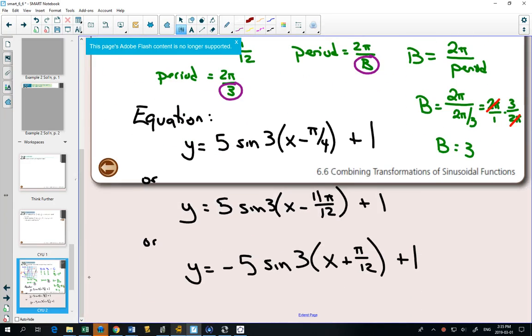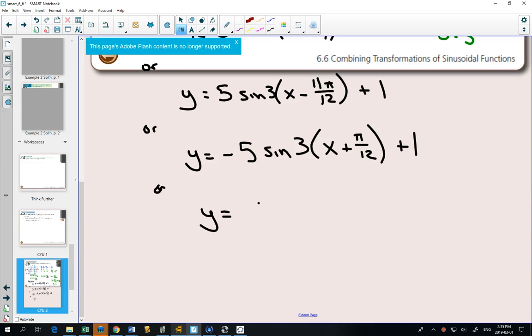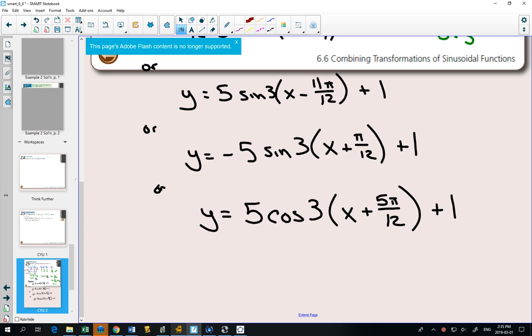So I could have also written it with cos. Even though the question said with sine, I could write it with cos. Everything is the same except for where it starts. And sometimes on exam, they'll say write two equations, one with sine and one with cos. Because every time you can write it with sine, you could also write it with cos.